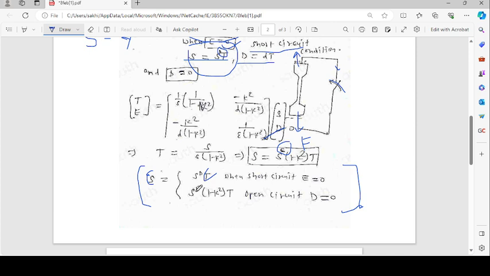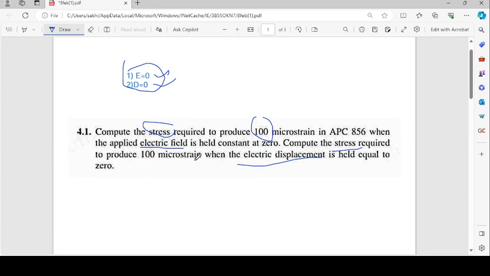This is the very important relationship between stress and strain of a piezoelectric material when these two boundary conditions are given. So this is the question of the day, and later on we will solve more problems on piezoelectric materials.